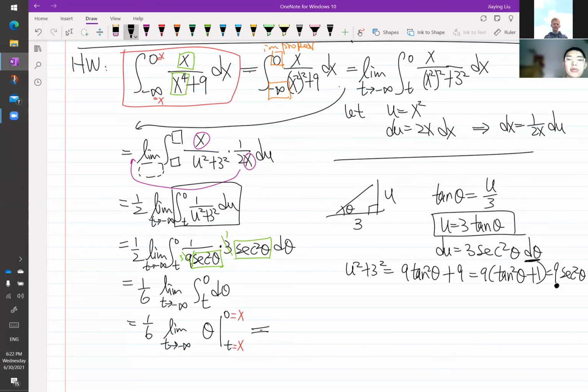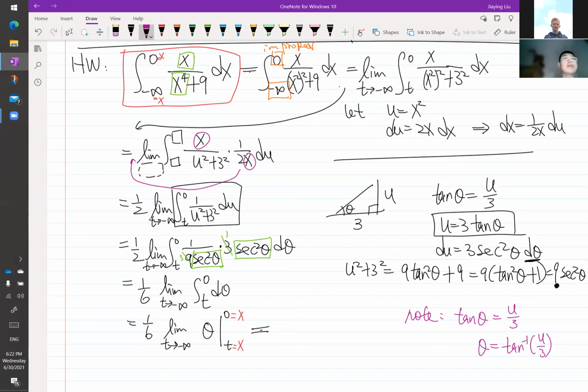So from here, how do we write theta in terms of x? Well, earlier we had tangent theta equals u over 3. Then I can find theta in terms of u first. Theta is equal to inverse tangent of u over 3. You probably wonder, oh, that still doesn't help us.